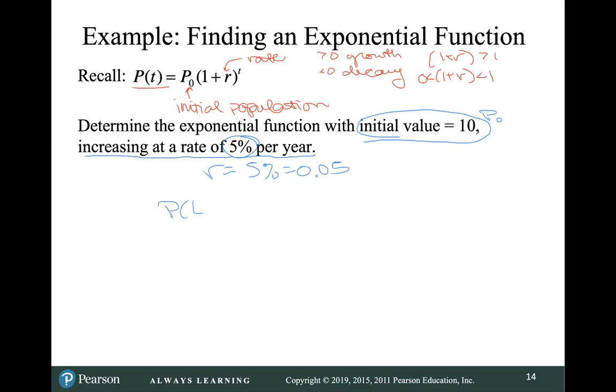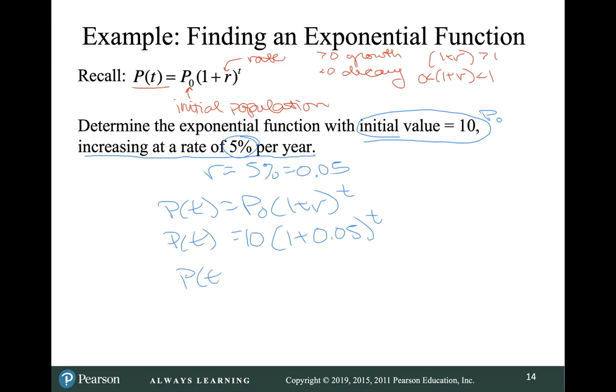So we have our formula, substitute in our P naught and our rate, and we're left with our population at any time t equals 10 times 1.05 to the t. Now, because this is 5% per year, t is time in years.